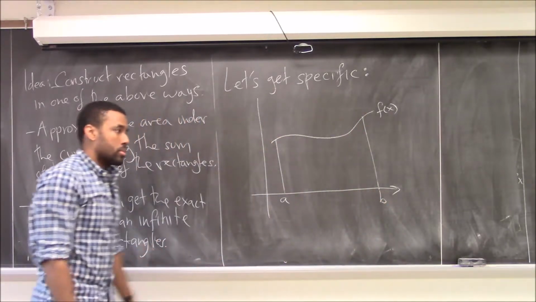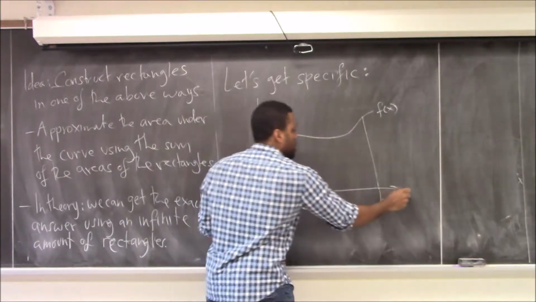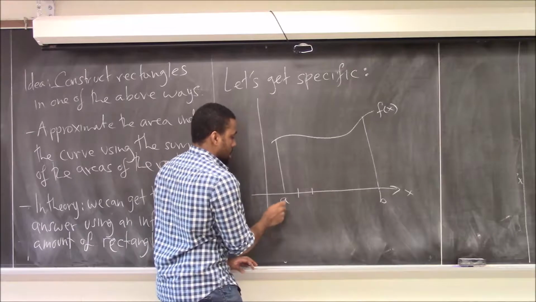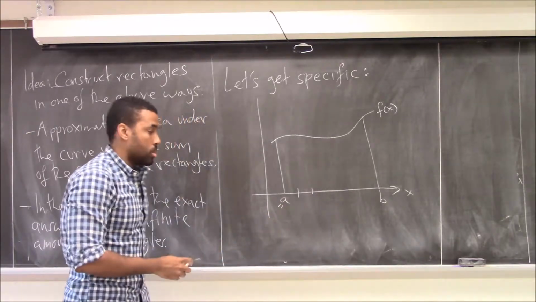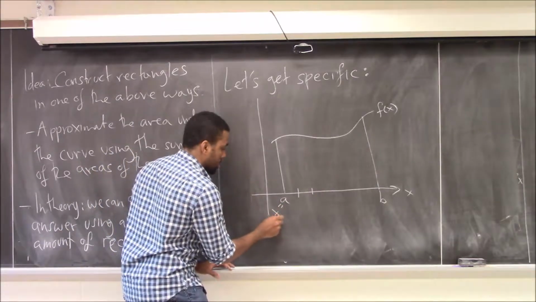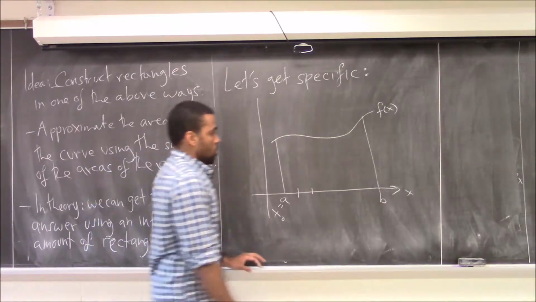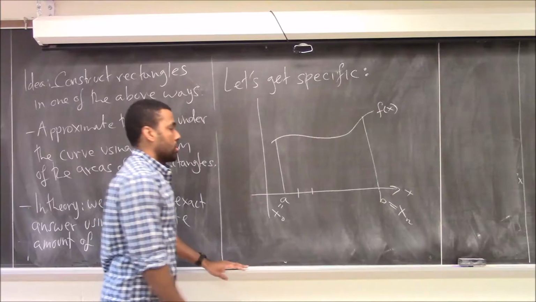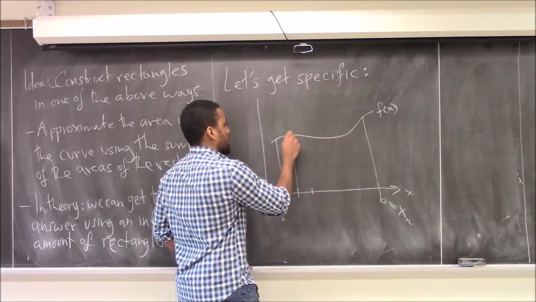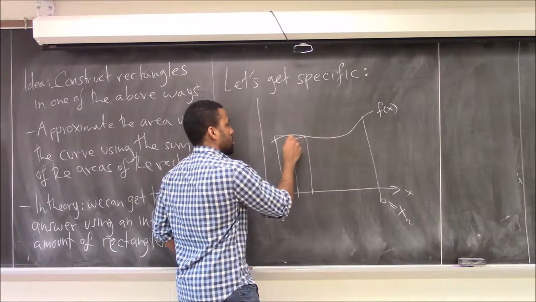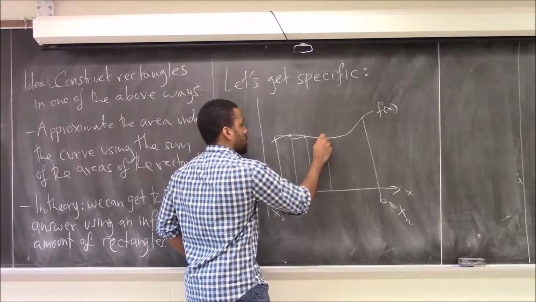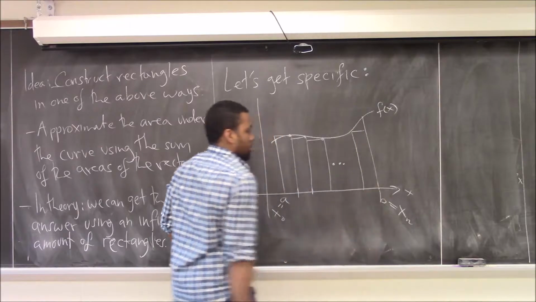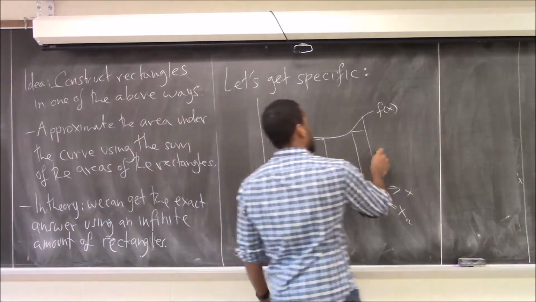This is A and B. I'm going to split it up into intervals, and label them with x's and subscripts. So A is normally x sub 0, while B will normally be x sub n. And I'll do a bunch of rectangles, dot, dot, dot. At the end of the day, I would end up with n rectangles.